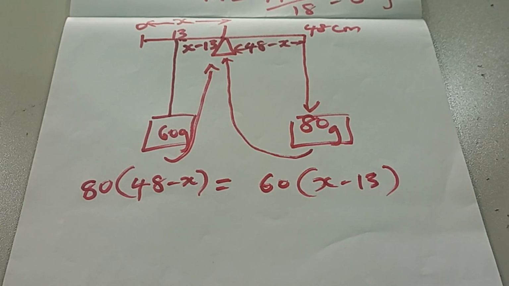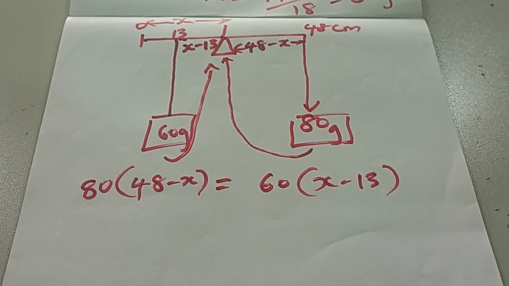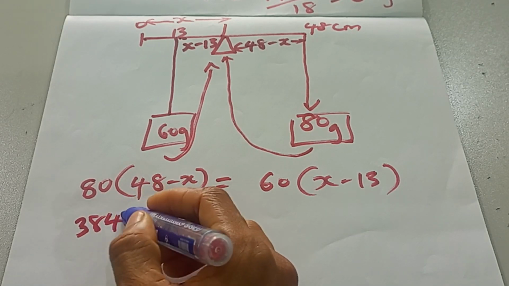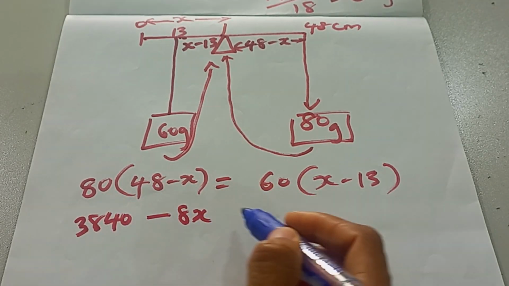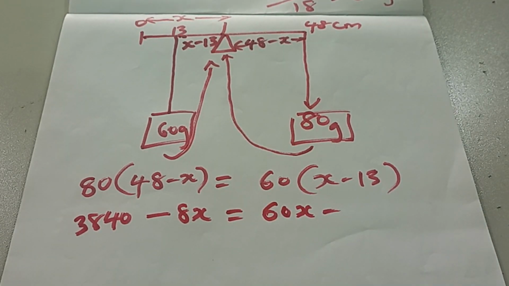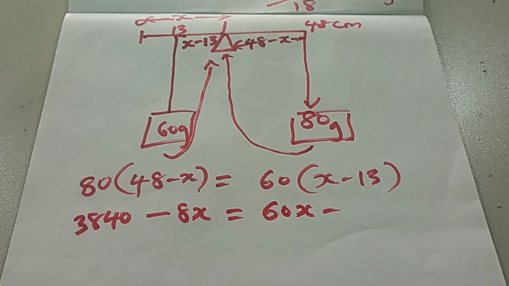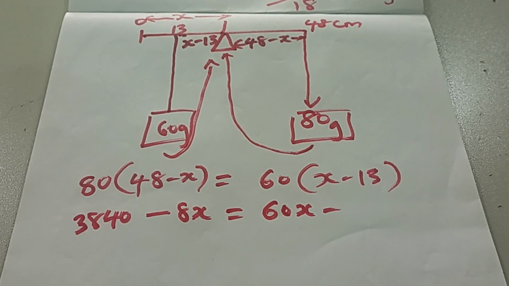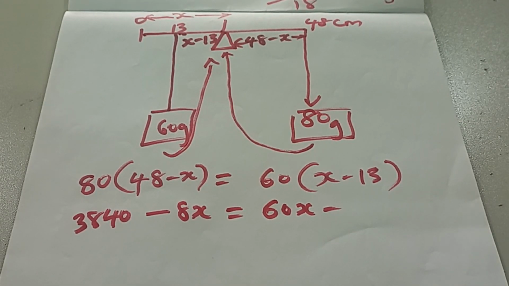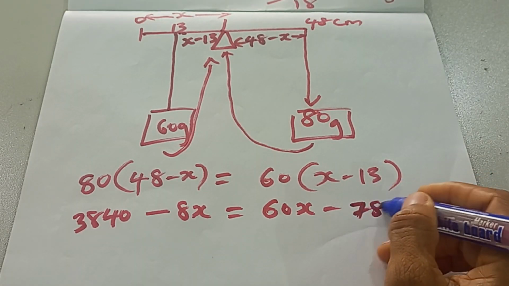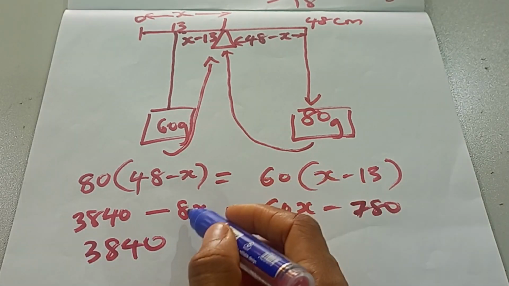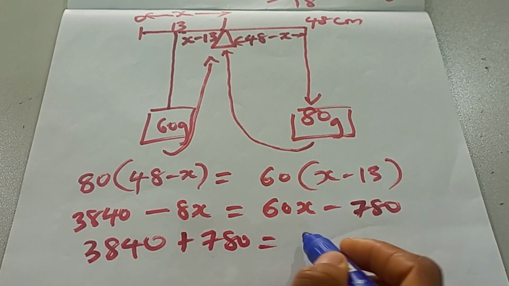So we solve it down and say 80 times 48, that will give us 3840 minus 80x is equal to, we open up the bracket, 60x minus 60 times 13. 60 times 13 will give us 780. So we have 3840, and this one crossing will be plus 780 is equal to 60x.